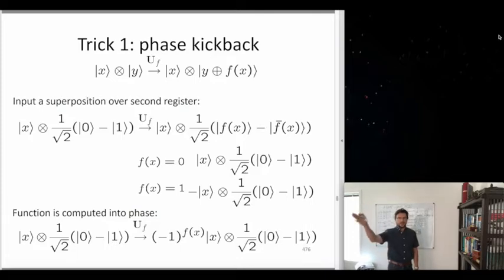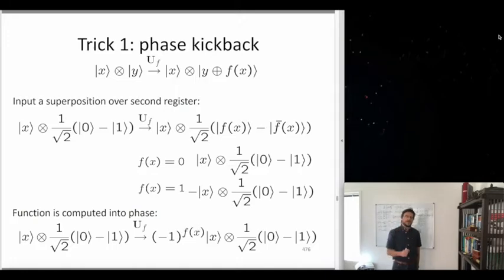Then after that, we apply our unitary transformation, which is the function. And then we do something else, so we'll look into that in a bit. But summing up, if our function gives 0, then the phase remains positive. If it is 1, the phase becomes negative. And the function in that case is computed into the phase.